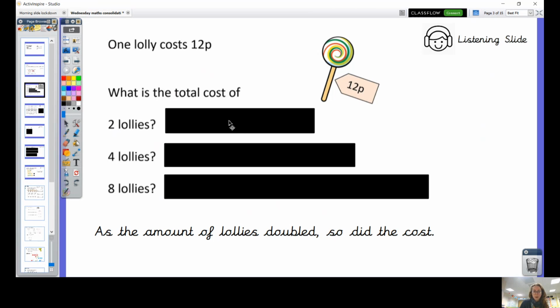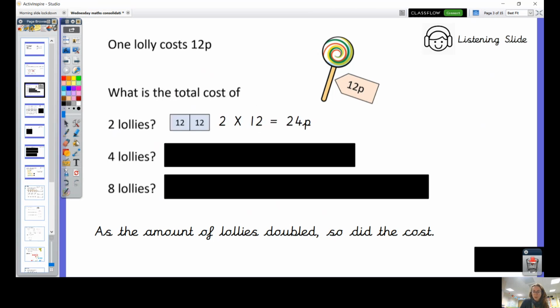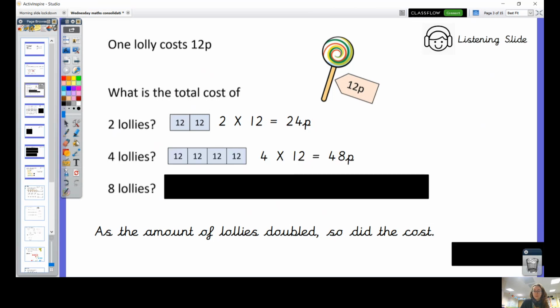And I can show you this in a bar model. Look. So here we've got double 12 because we want 2 of those lollies. So 2 lots of 12, and that's 24p. What about 4 lollies? Well, in our bar model, we can see we've got 4 little parts of 12, 4 lots of 12.